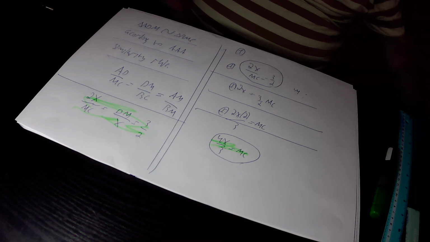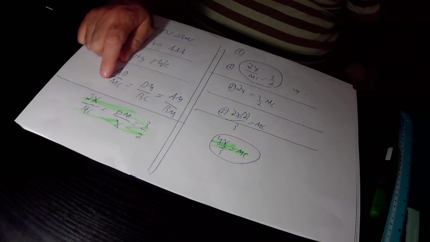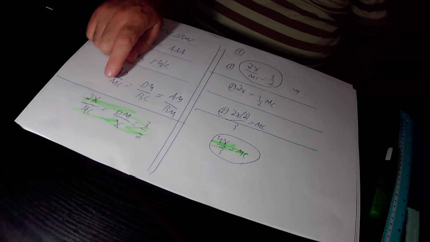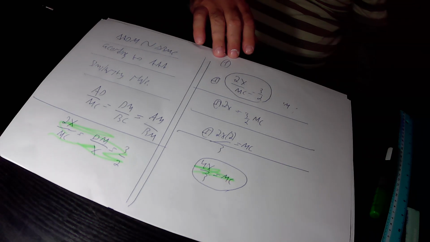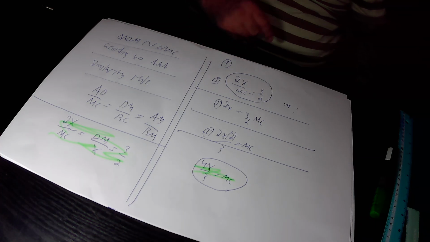Those two expressions are equal to each other, therefore we get equation 1 from those two expressions. According to equation 1, 2x over MC equals 3 halves. Here, we multiply this equation by MC and find out that 2x equals 3 halves times MC.